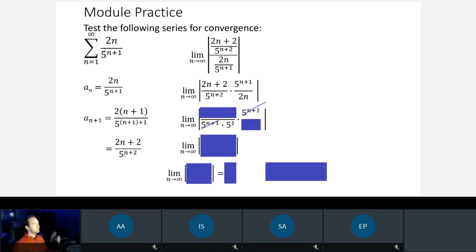All right. Looking at 2n plus 2 and 2n, can I do anything to cancel more stuff out? The answer is yes. How can I factor 2n plus 2?